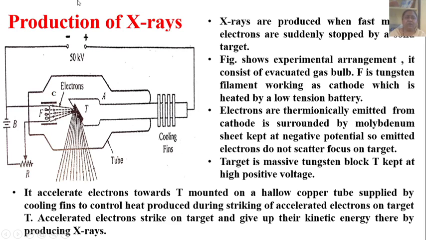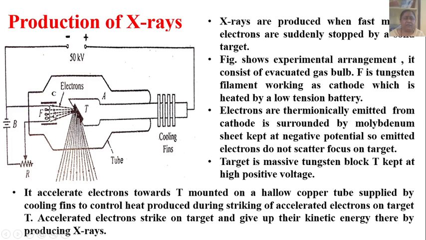Now see production of X-rays. Now experimental arrangement, it consists of, as shown in figure, an evacuated gas bulb made up of glass, and here F is a tungsten filament working as cathode, which is heated by a low tension battery.